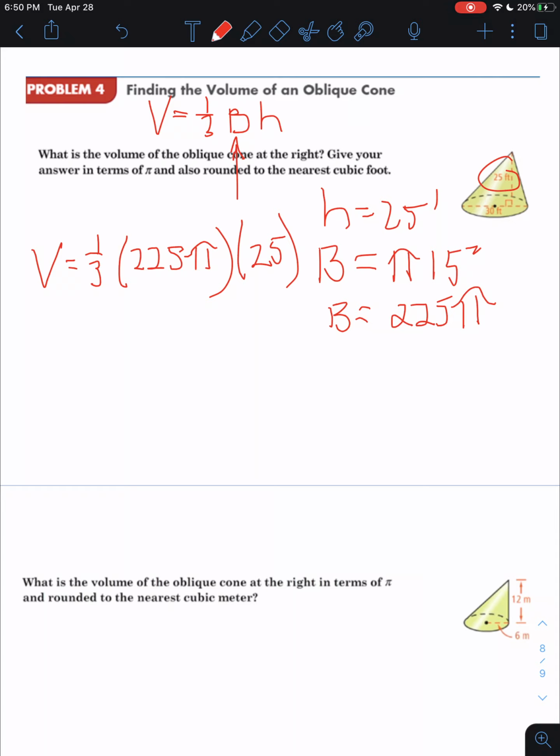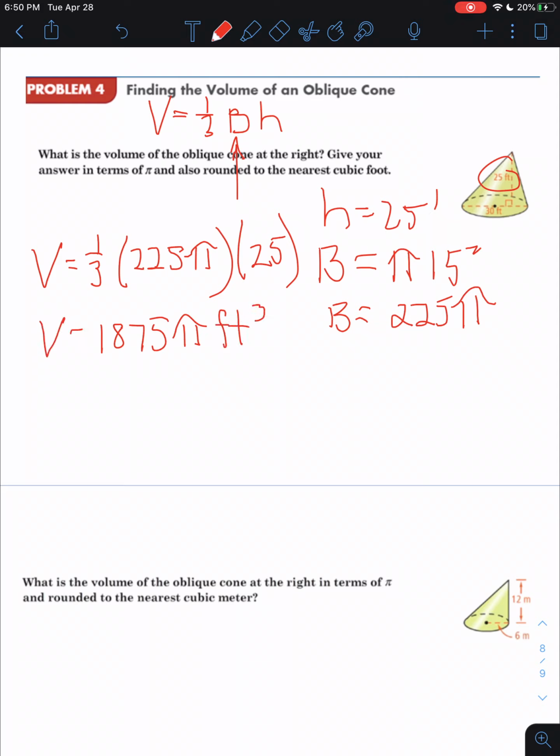And that's going to be in feet cubed, which will give me 1/3 times 225 times 25. It's going to be 1875 pi, and this again is in feet cubed.